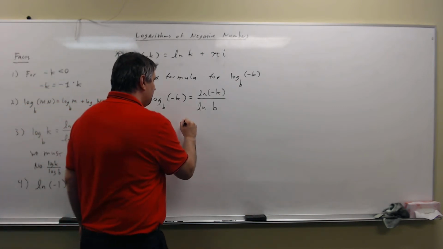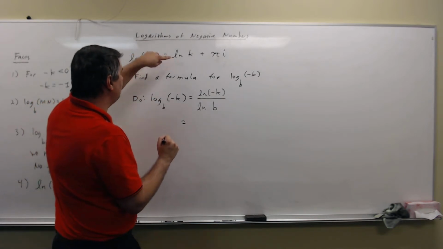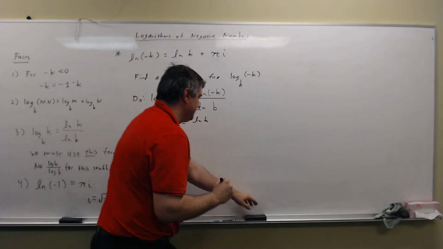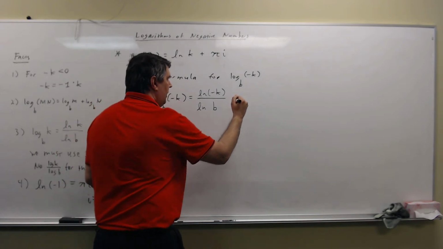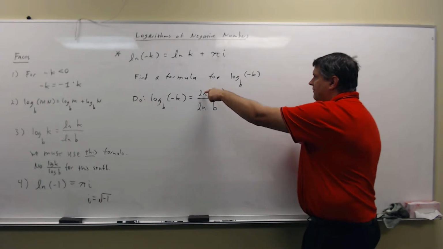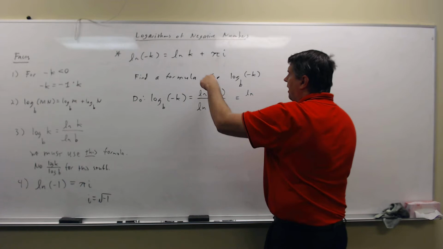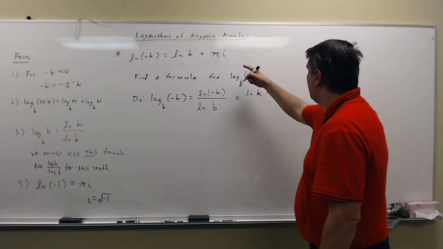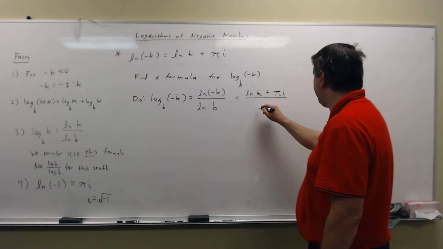And I showed you earlier how the natural log of negative k is the natural log of positive k plus pi i. Actually, let me just go ahead and copy it over here. Natural log of negative k is natural log of positive k plus pi i, over the natural log of b.